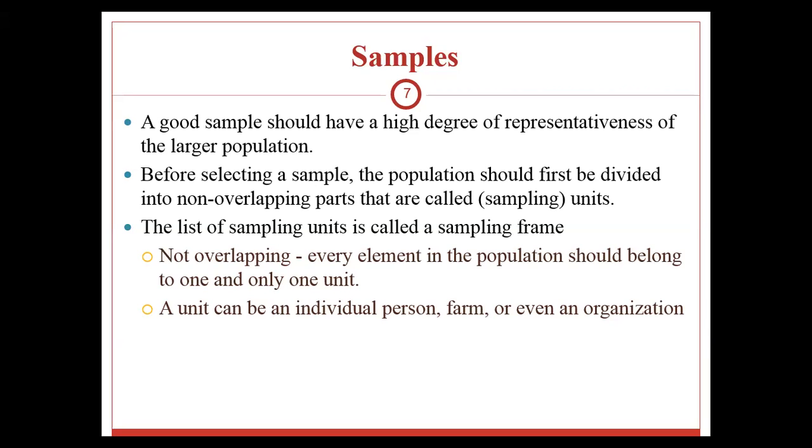Of course, for people, it is clear to see what non-overlapping means. A person can only be one person. You cannot be two people. So that is simple. If you are going to survey hospitals, then each hospital is an entity in its own sense. You shouldn't have people belonging to two hospitals. That's what we mean that there should not be an overlap.